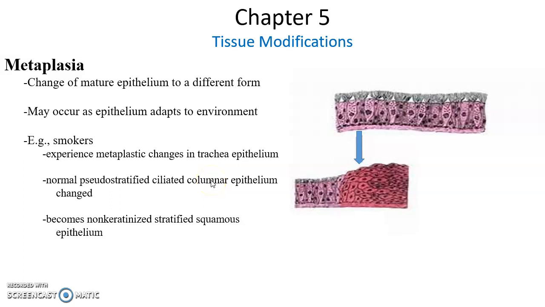Tissue modifications. Tissues can change. Metaplasia is when mature epithelial tissue transitions to another kind of epithelial tissue because of environmental exposure, usually negative things happening. So for instance, in smokers, the ciliated pseudostratified columnar cells are going to transition into ciliated columnar epithelial cells, which then transition into non-keratinized stratified squamous epithelium.